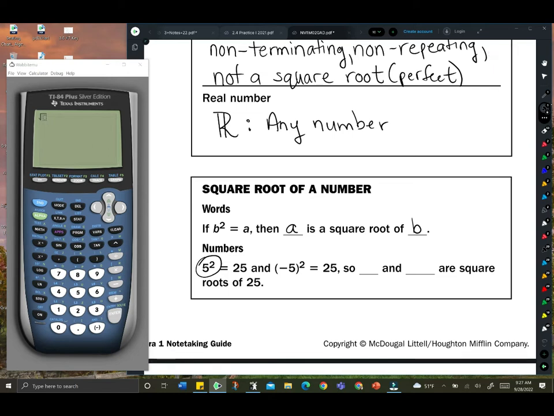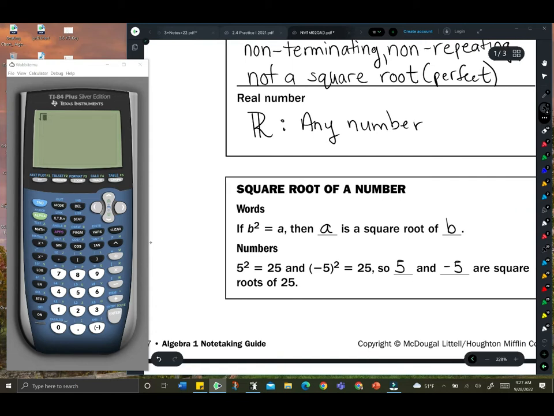So 5 and negative 5 are square roots of 25. Always a positive, always a negative. So that is another little bit to add in. Always plus and minus.